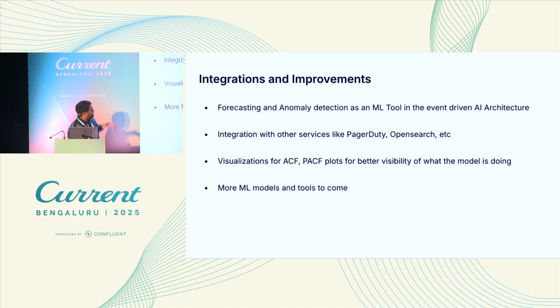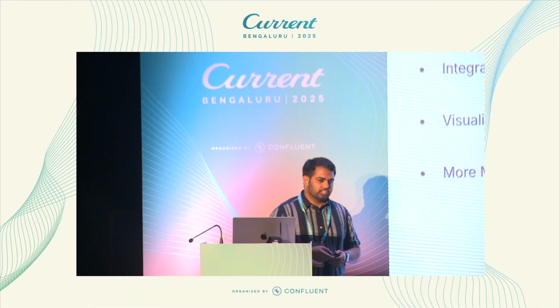So that's where this really shines. And we talked about the integrations as well. The third thing I want to touch on is, for people who want to do manual tests, we'll start including some plots for better visibility of what the model is doing in the workspace. And we're also working on more ML models and tools to come.